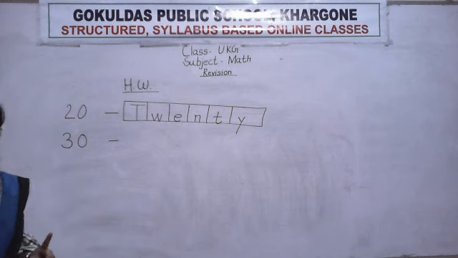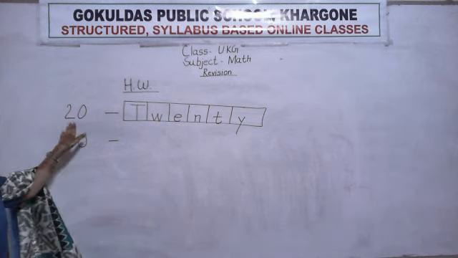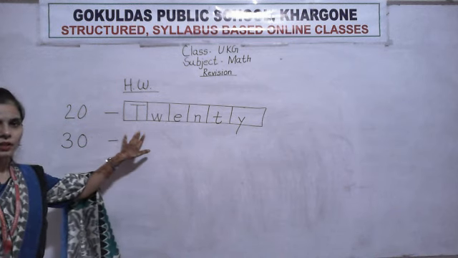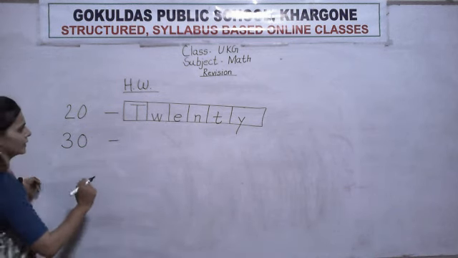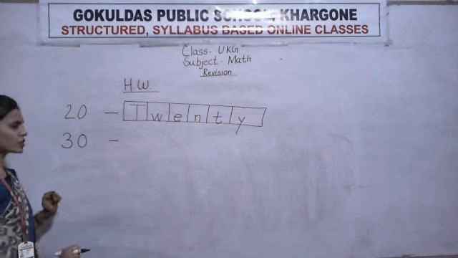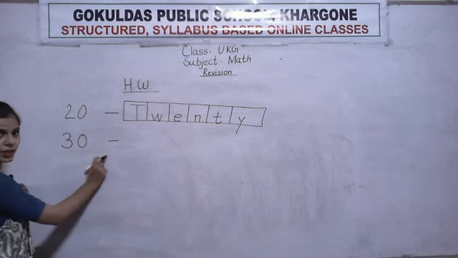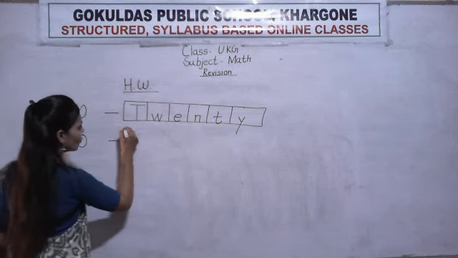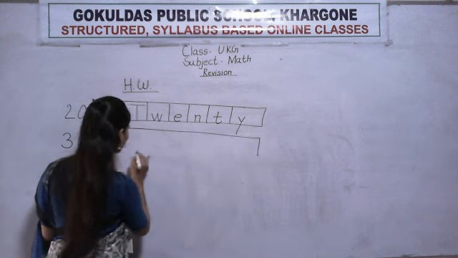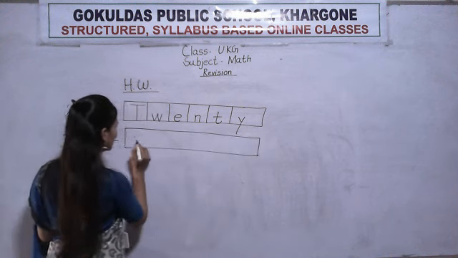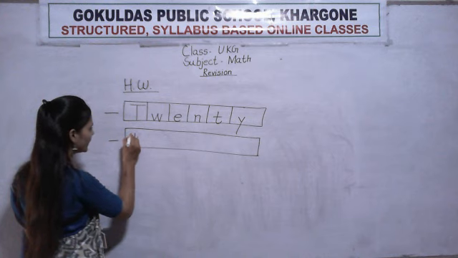Drop one block and write one page the spelling of 20. Then take a new page, write 30 and a full page you write the spelling of 30. What is the spelling of 30?